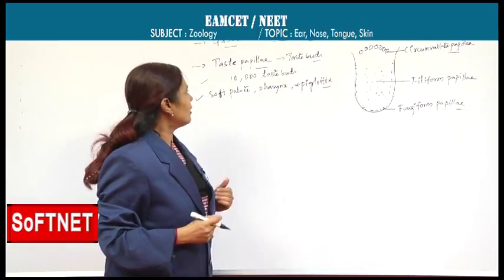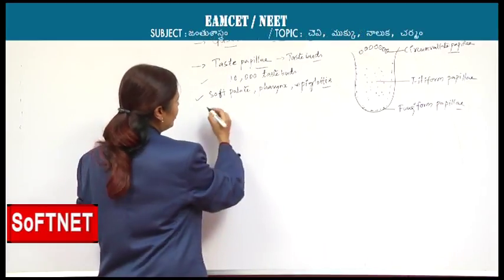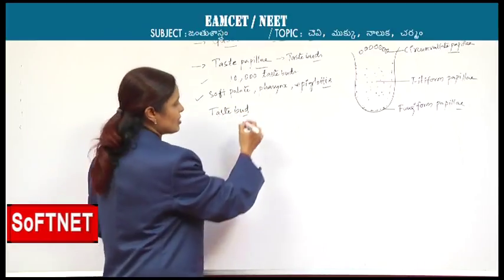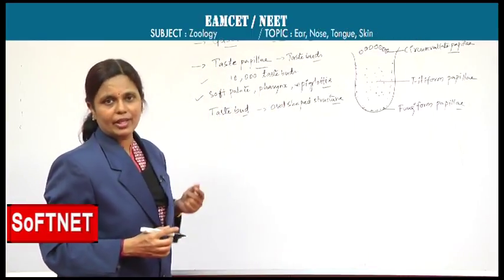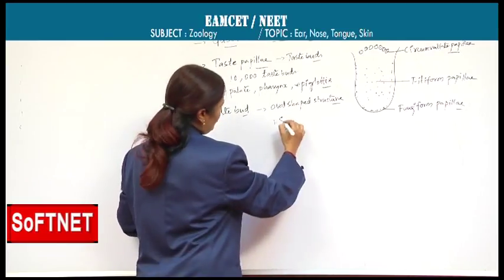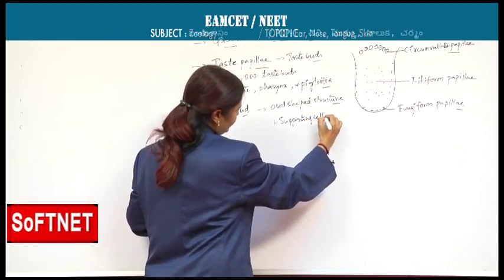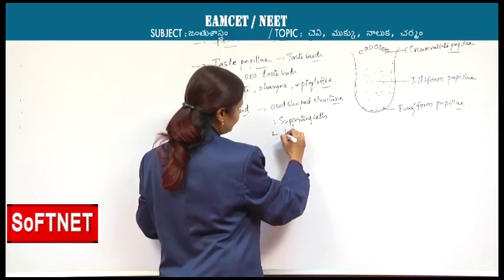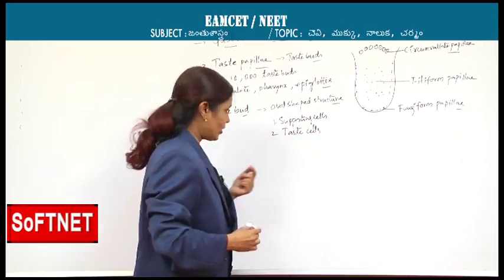Now, when you look at the structure of a taste bud, it is an oval shaped structure. Each taste bud is made of 2 different types of cells. What are those cells? Number 1, supporting cells, and number 2, taste cells, that is, sensory cells.